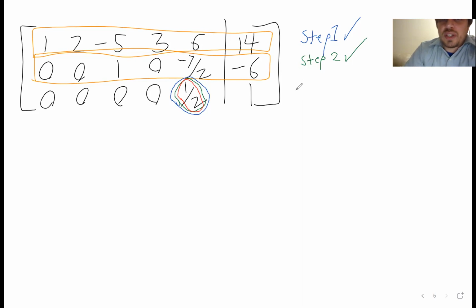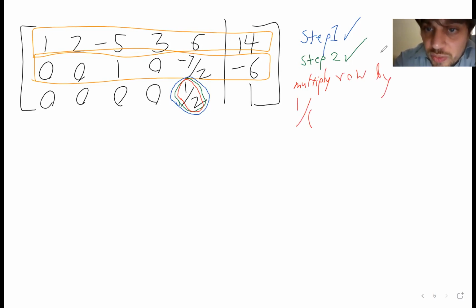So we multiply the row by 1/(1/2), which is equal to 2. A is 1/2, so multiply by 1/A, that's 2.